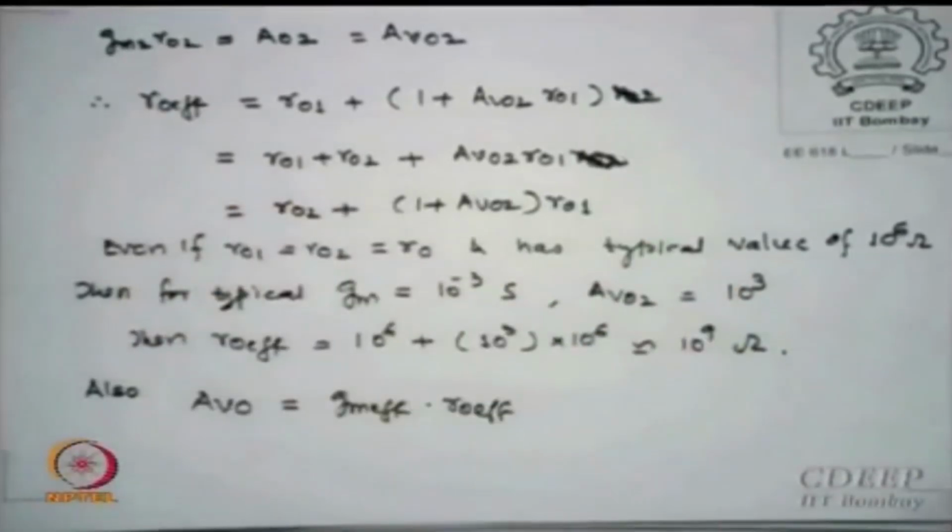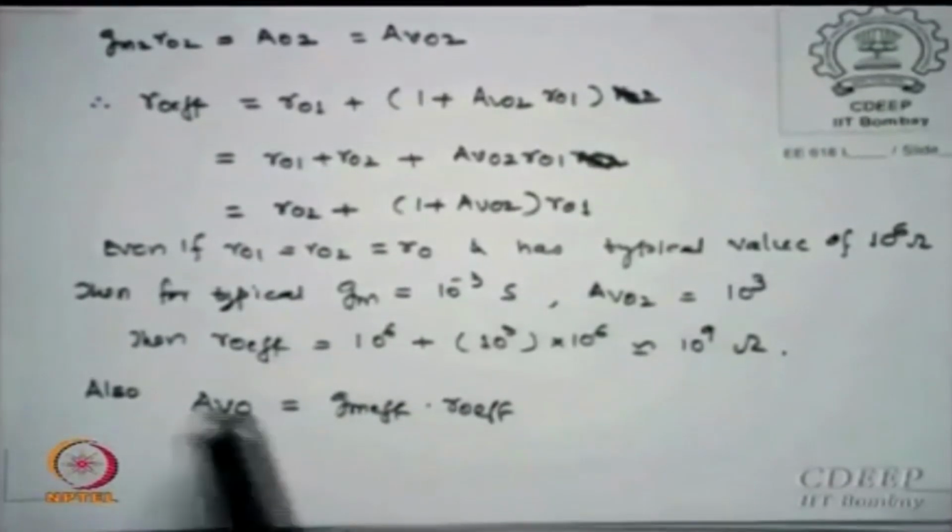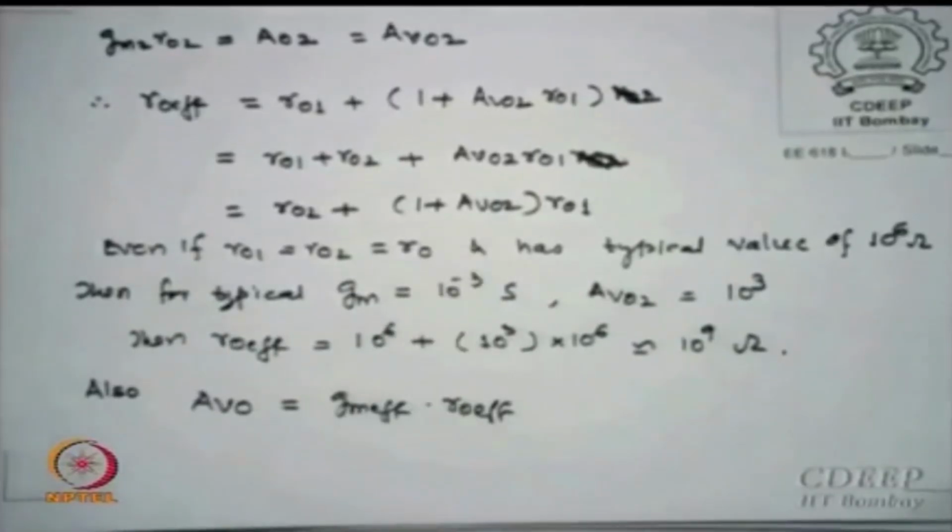So ro2 plus Avo2 ro1, where ro1 and ro2 are equal. Why are they equal? We said the transistors are equal, currents are equal, 1 upon lambda ID is constant, so the ros are equal. So what is it trying to tell, and gains are typically of what order? 100 to 1000 to 10,000, maybe 10 million. Gains of amplifiers can be as high as 1000, 10,000, a million as well. 10 to the power 6 gains are possible.